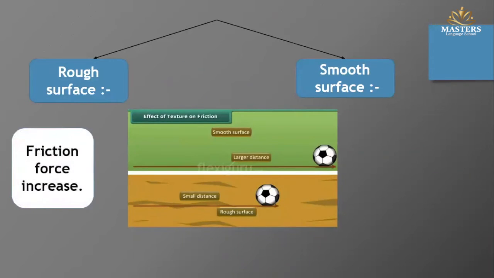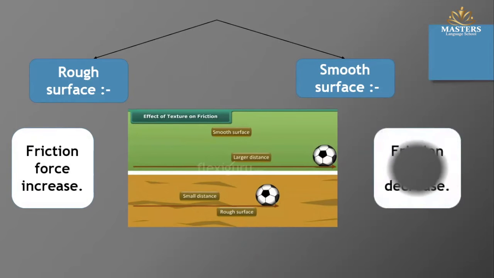On the rough surface, the friction force increases. And we said that the friction force acts in the opposite direction of the movement. So the ball will move a small distance. But on a smooth surface, the friction force decreases, so it will move a larger distance.